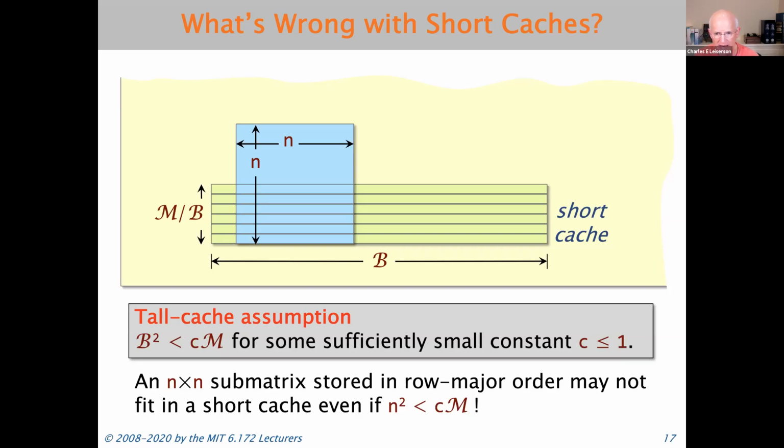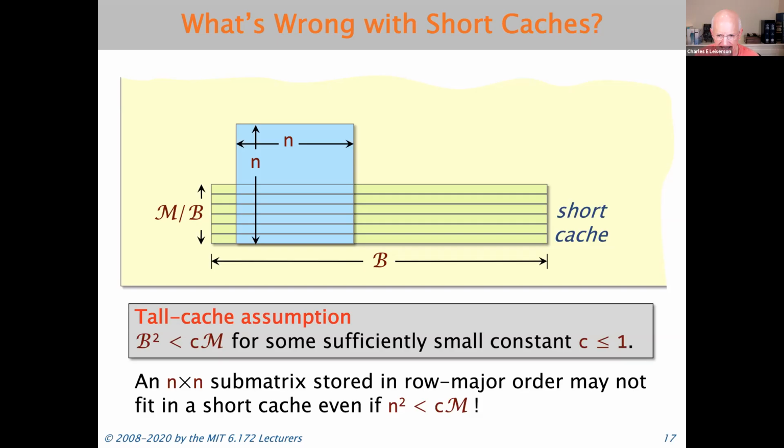Even though n squared might be considerably smaller than m, if you look at the area of the, what color is that? Chartreuse or something, compared to the blue, it should fit in there, but it doesn't, because each row of the submatrix shares its cache block with a bunch of data that we don't care about, which goes along for the ride.